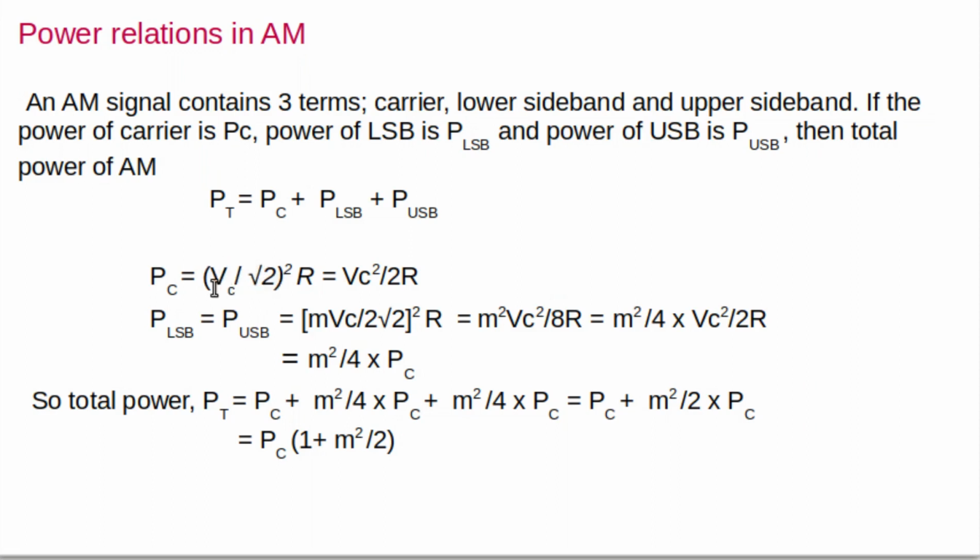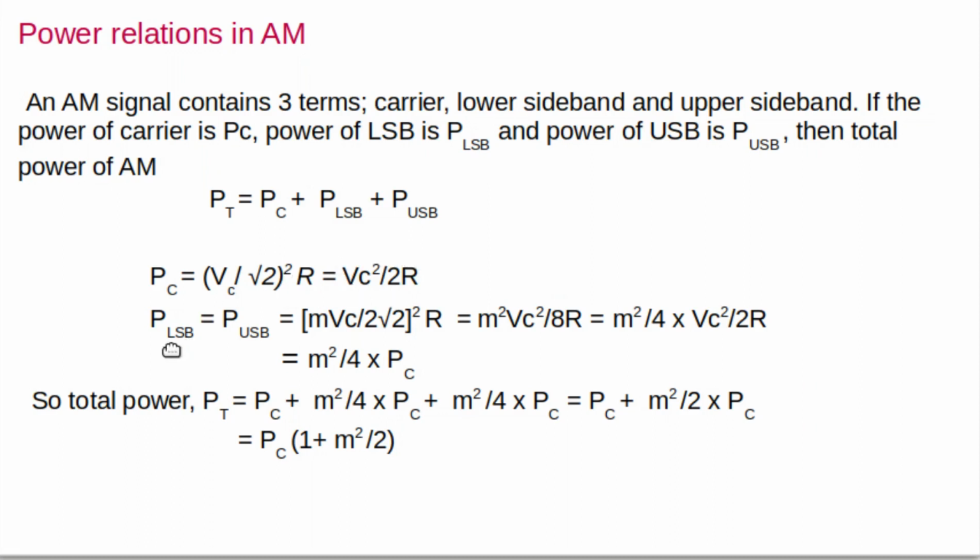So it is VC by root 2. We know the equation, power equal to V squared by R, so here we have to consider the RMS value. So it is VC by root 2 whole square by R, which is equal to VC square by 2R. So VC square by 2R is the power of the carrier.